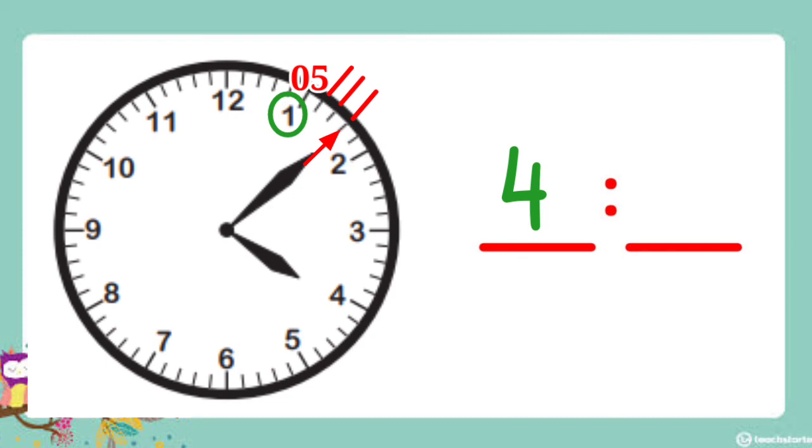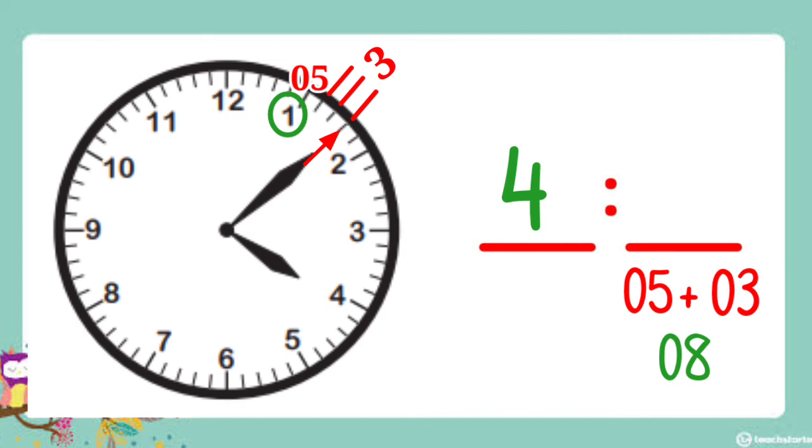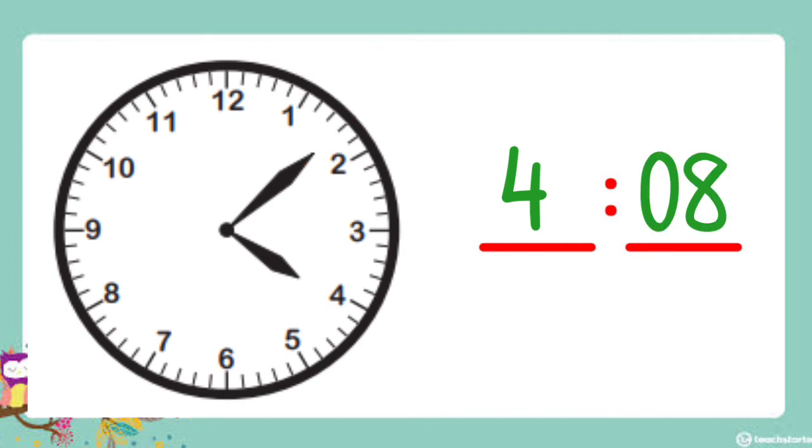So it's 5. And let's put it here for a while. And since the hand went past 1 by 3 lines, we have to add 3 to 5. 5 plus 3 is 8. Therefore, the minute hand is showing 8 minutes. And the time on this clock is 4:08.